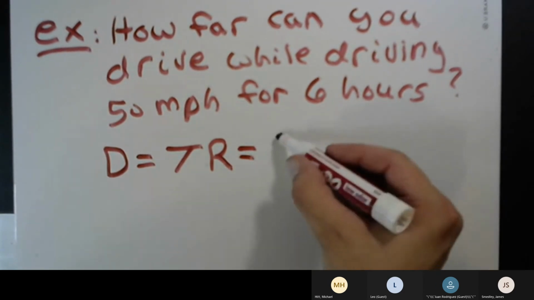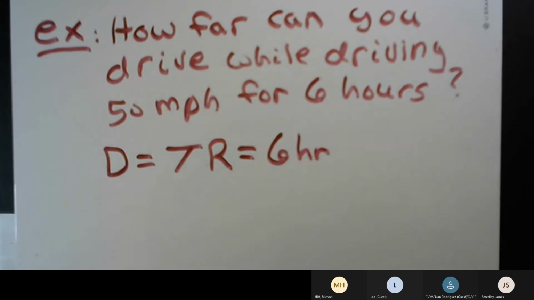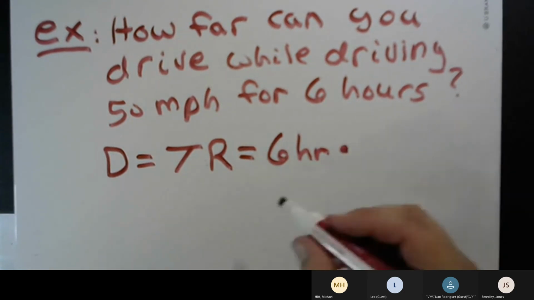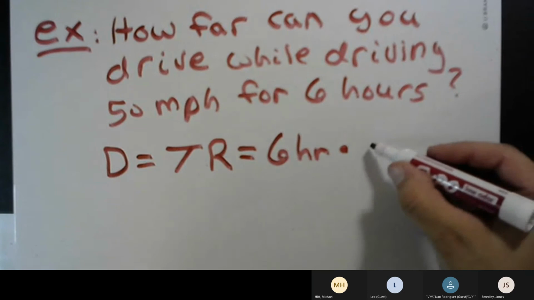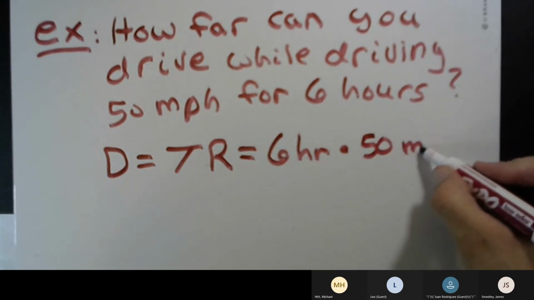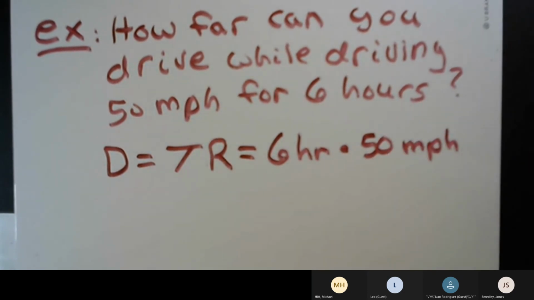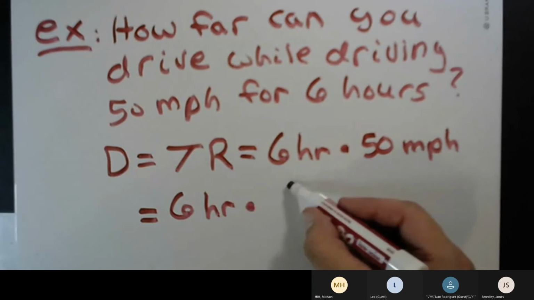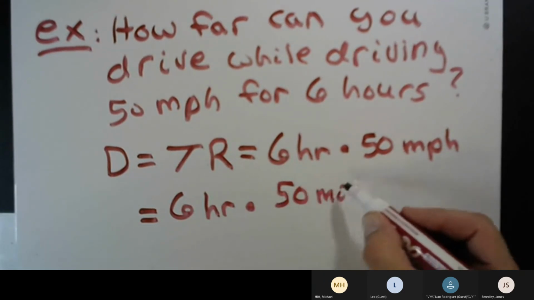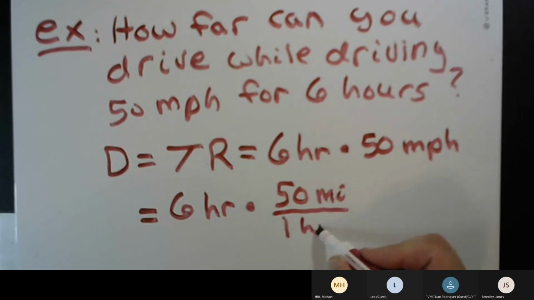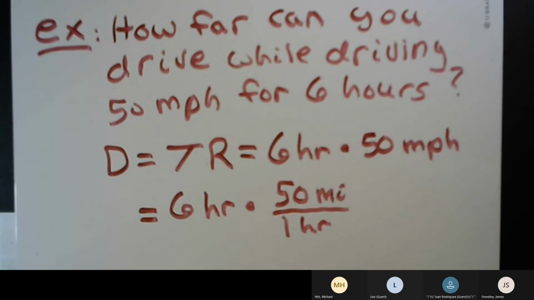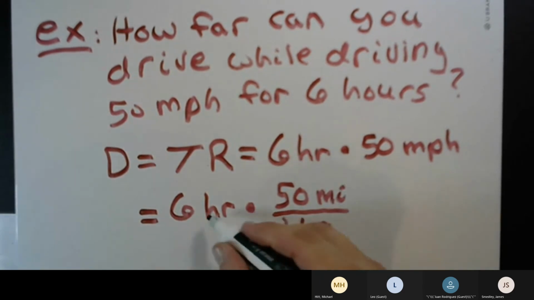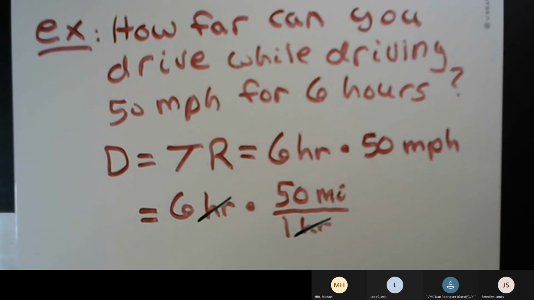Now, in this case, our time is 6 hours. And our rate, again, they're next to each other, so that means multiplication, is 50 miles per hour, or 6 hours. And we can convert this again to 50 miles per 1 hour. And once again, you see hours in the top and in the bottom. They're going to cancel.